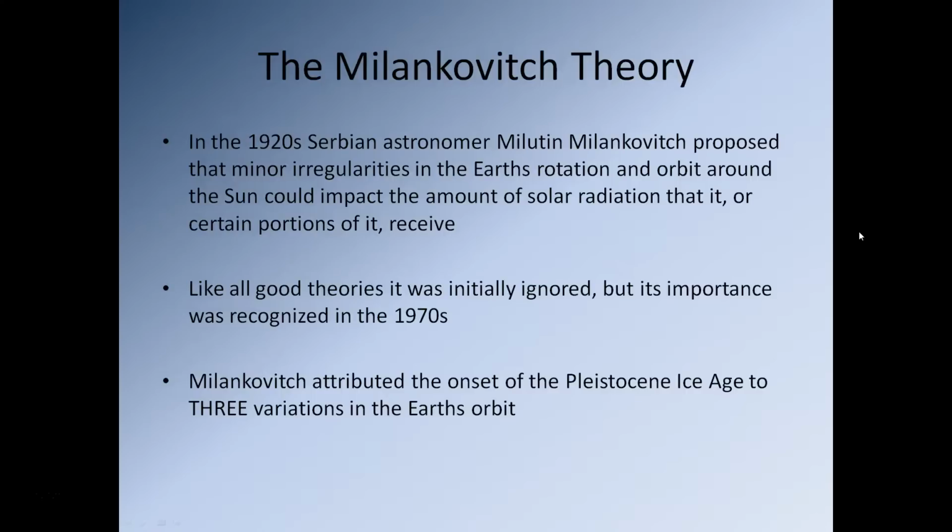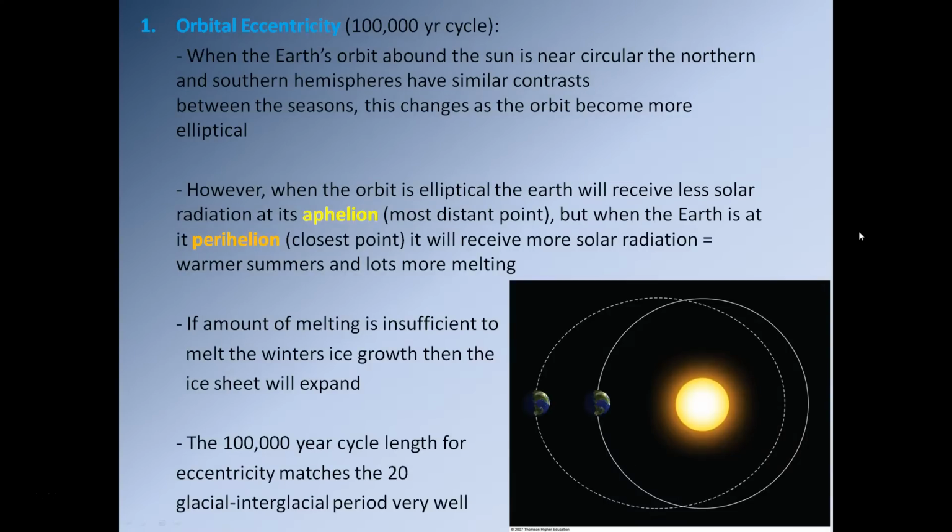So Milankovitch attributed the onset of the Pleistocene Ice Age to 3 variations in the Earth's orbit. So the first one was orbital eccentricity: how circular or elliptical is the Earth's orbit around the Sun. So when the Earth's orbit around the Sun is nearly circular, then that means the northern and southern hemispheres have similar contrasts.